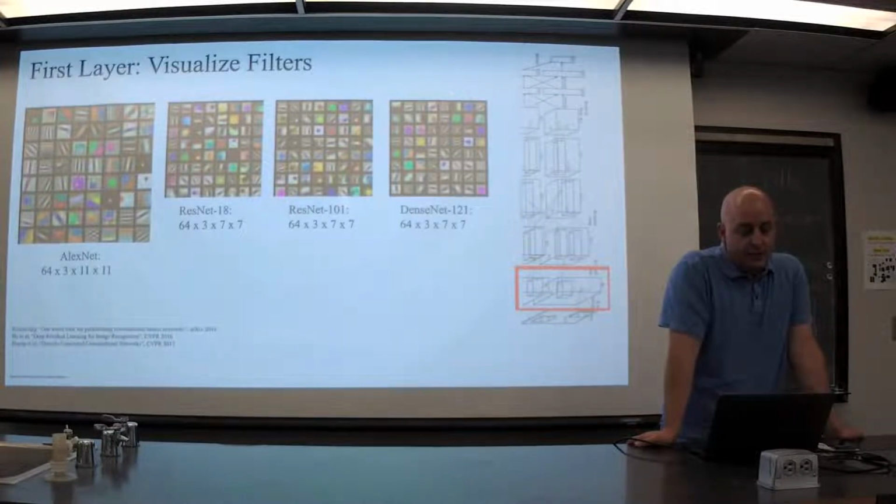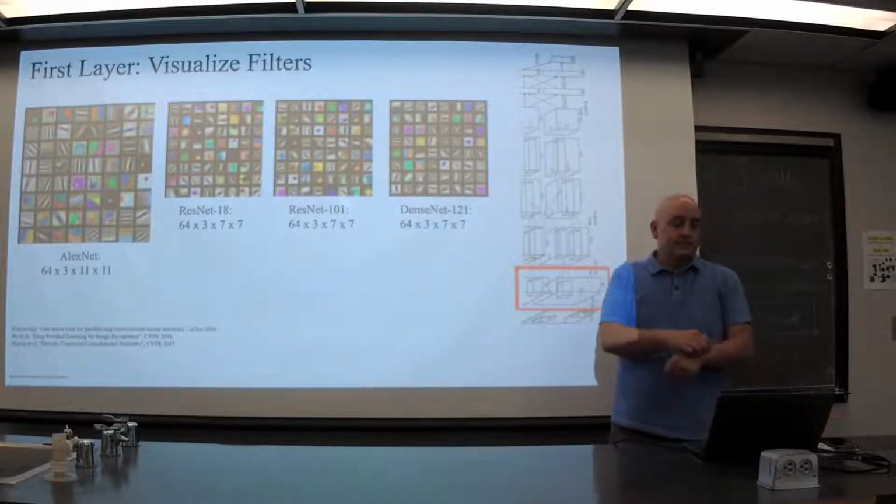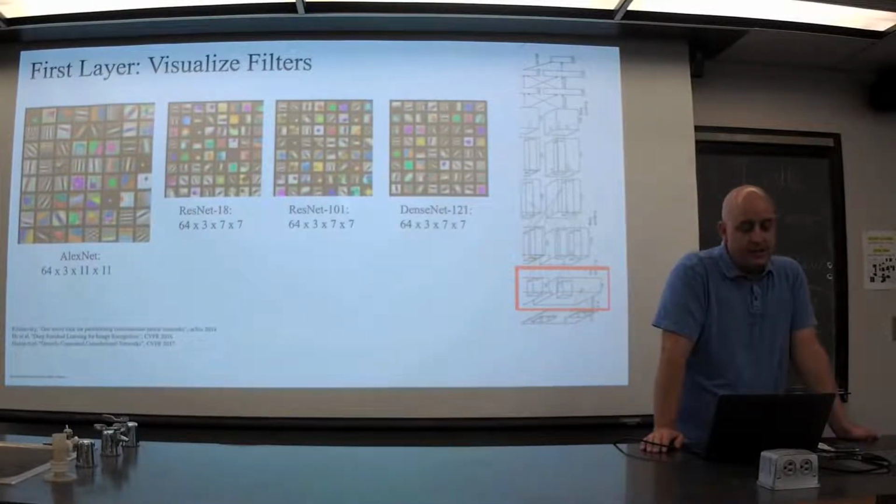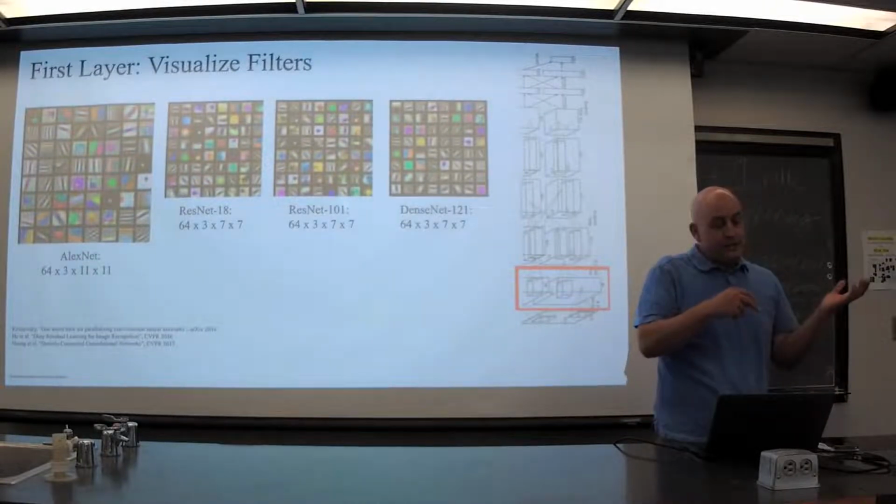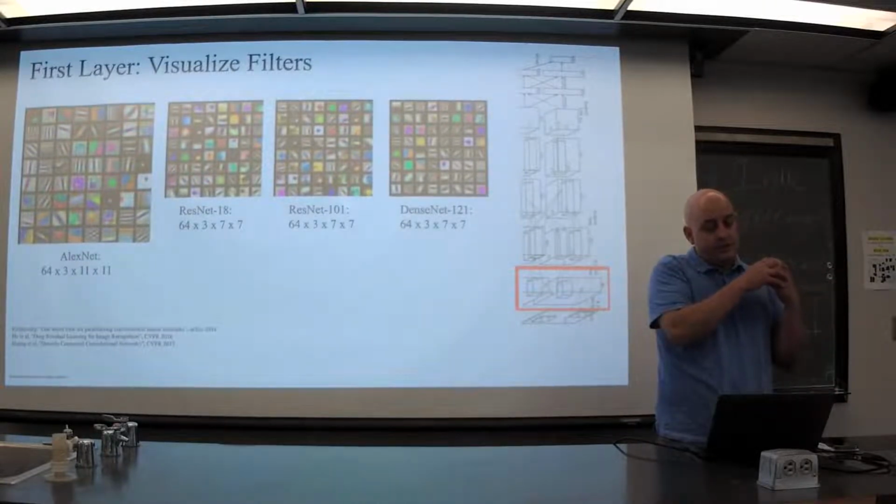You can pretty easily visualize the first layer in your network, in a pretty straightforward way, because your first layer does the first transformation of your input.